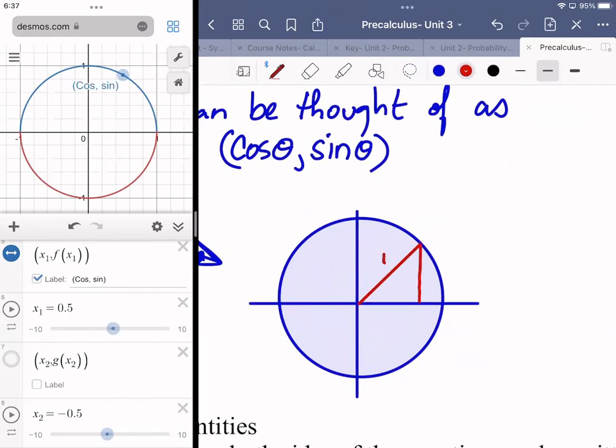We know its dimensions are x comma y, but really we can think of that as cosine theta comma sine theta.